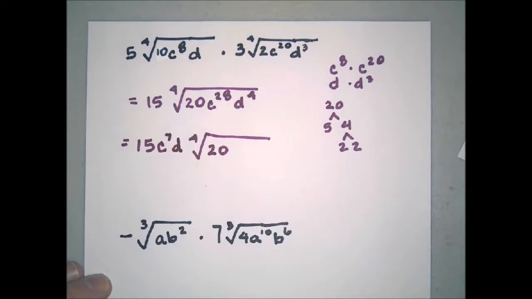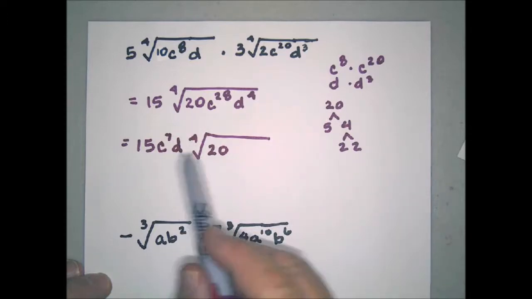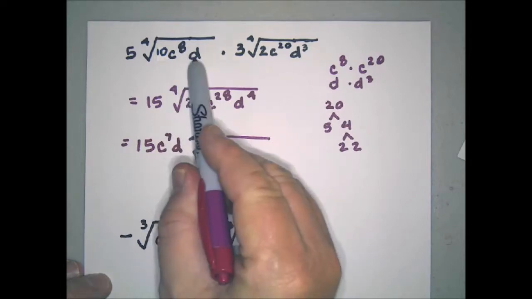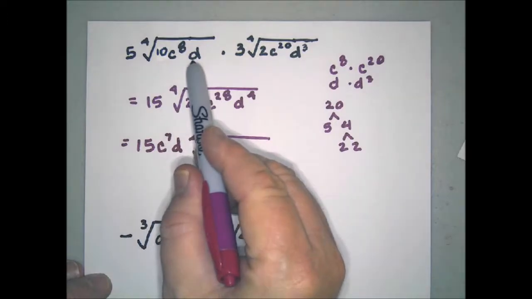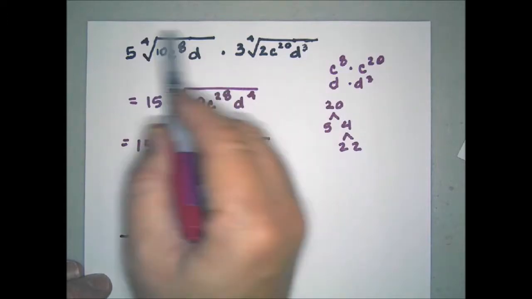Now, we still don't quite have our final answer, because if you look back, does the rule for absolute value bars come in? And if it does, where does it come in? Well, take a look at this first term right here. We know d cannot be a negative number, because if it were, I wouldn't be able to take the fourth root of it.